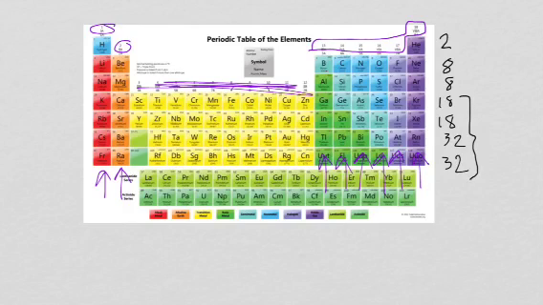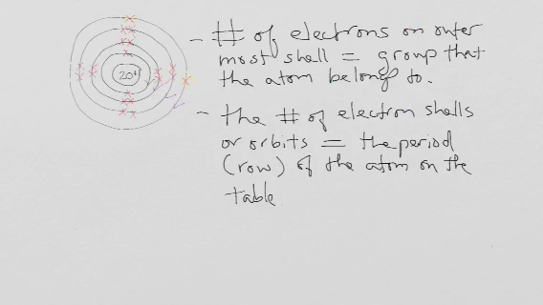That means that for an atom like calcium, how many electrons does it have in its outermost shell? It's in group 2, therefore it has 2 electrons. And we drew this right here, it's got this guy and this guy. But if a shell of 8 electrons is most stable, how many is it missing?